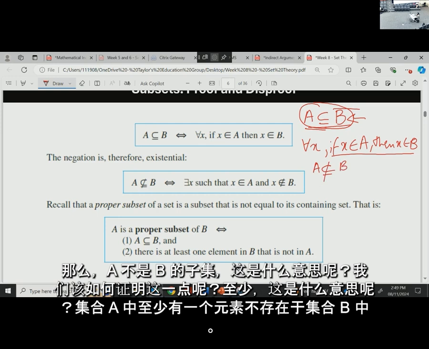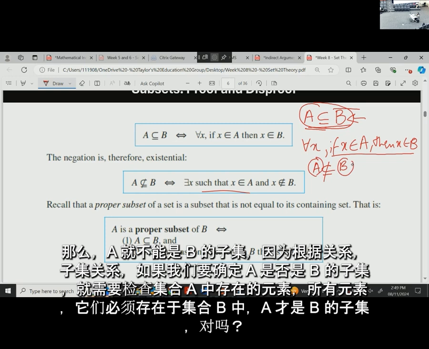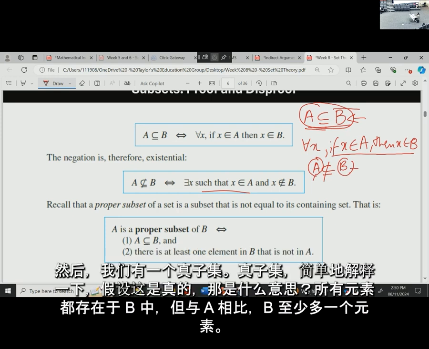It means there is at least one element in set A that is not present in set B. In that case, A cannot be a subset of B, because according to the subset relationship, if we have to determine whether A is a subset of B or not, you need to check the elements present in set A. All of them must be present in set B for A to be a subset of B. Okay.